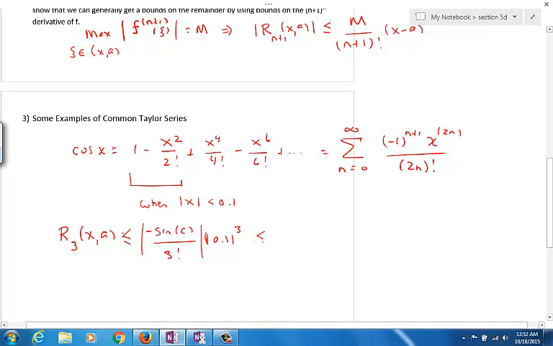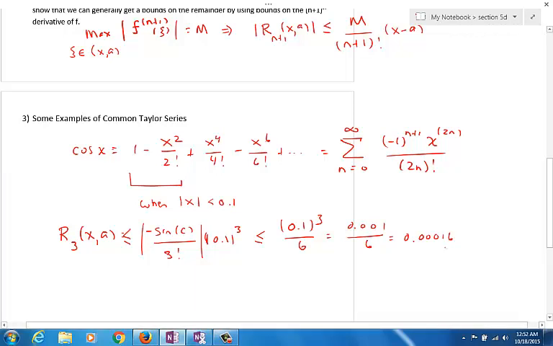So this whole thing is bounded by 0.1 cubed over 6. And we can go ahead and work that out, right? 0.001 divided by 6, and work that out. We're going to get 0.000, whoops. Okay. And so that's going to be the error.